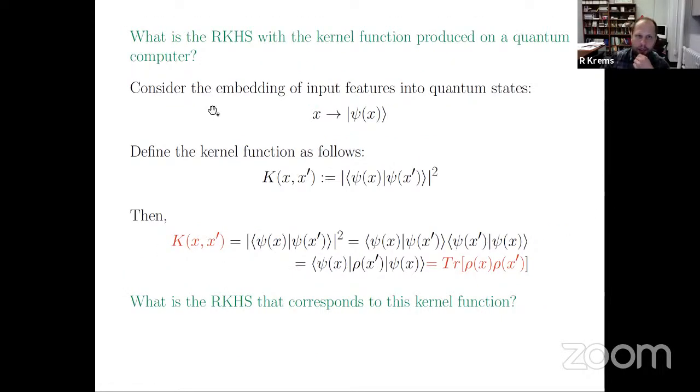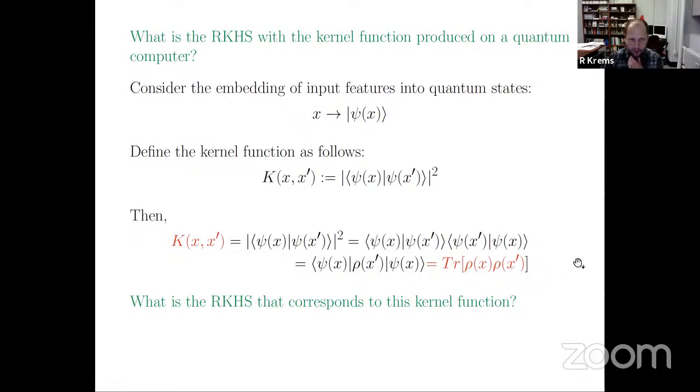Before we do that, let's look at what the RKHS is with a kernel function produced on a quantum computer. Consider the embedding of input features into quantum states. Then again, we define the kernel function as follows. You can easily see that the kernel function can be defined as the trace of rho of x and rho of x prime.